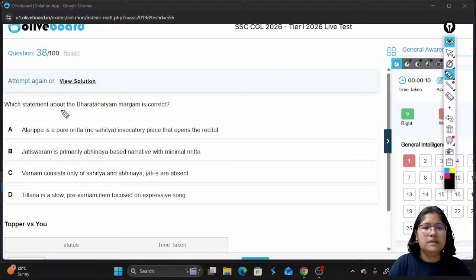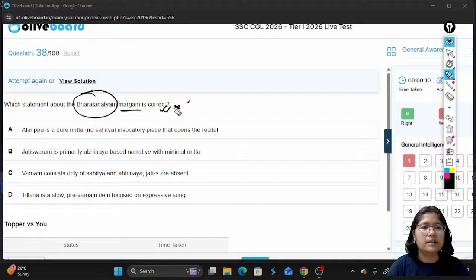Which statement about a Bharatanatyam Margam is correct? Let us see. Alaripu is a pure nritta, no sahitya, invocatory piece and opens the recital. Jatiswaram is primarily abhinaya, based on narrative with minimal nritta.